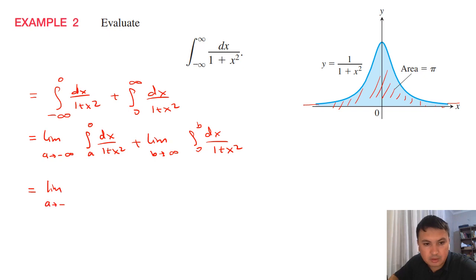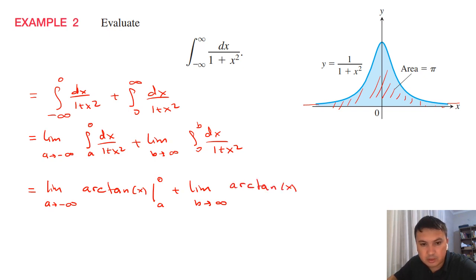Right. So what is the integral of 1 over 1 plus x squared? Well, this is arctangent of x from a to 0, and here it's also arctangent of x evaluated from 0 to b.